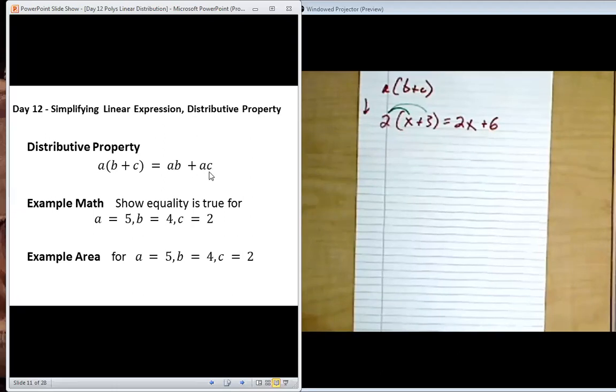So you're getting some algebra there, and the goal is to just show that the left side is the same as the right side using these numbers.